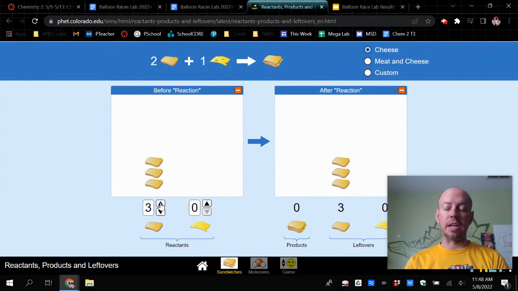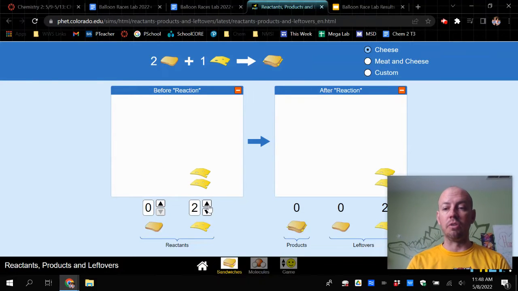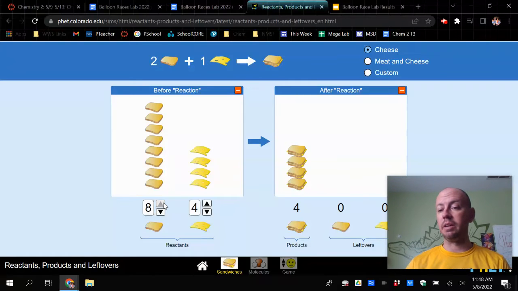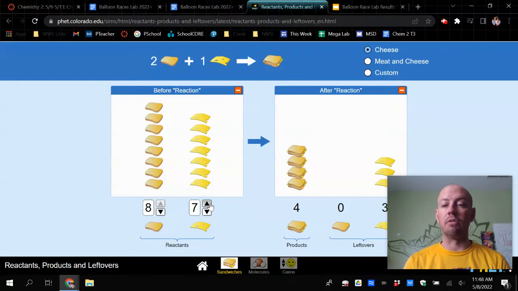So what you did was you kept, let's say, the same amount of cheese the whole time, but each time you started with different amounts of bread. You blew up the balloon a little bit more, a little bit more, and that's based upon how much of the other thing I made. Eventually, we would have run out of one or the other, and that's true for every chemical reaction.